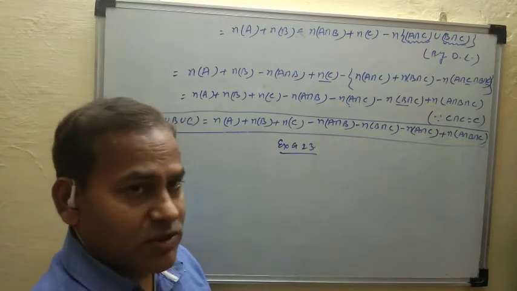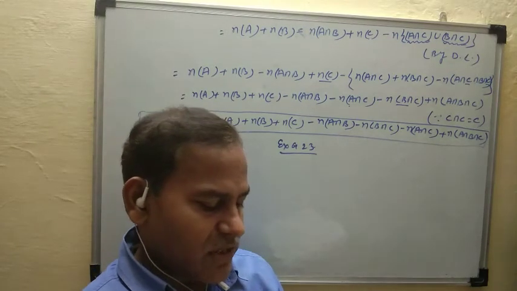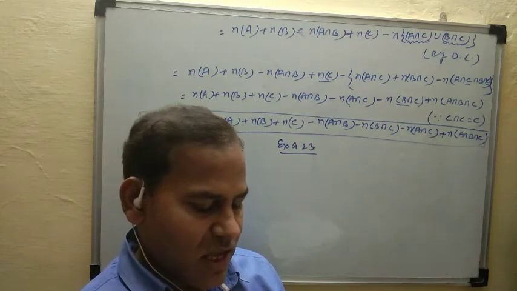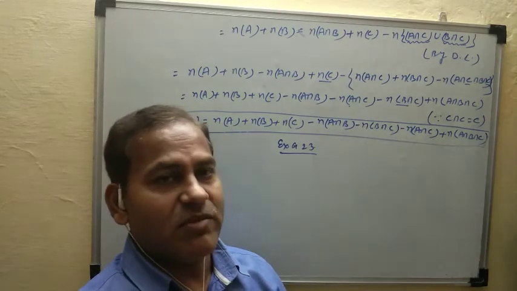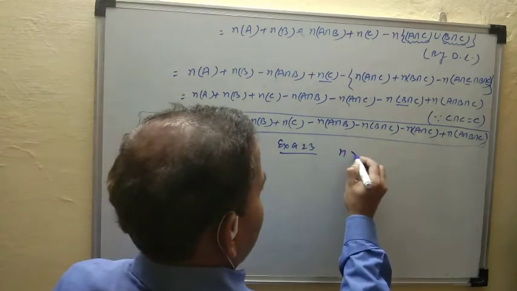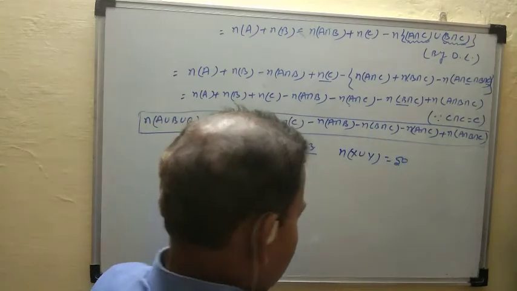Example number 23. If X and Y are two sets such that X union Y has 50 elements, that is, number of X union Y is equal to 50.